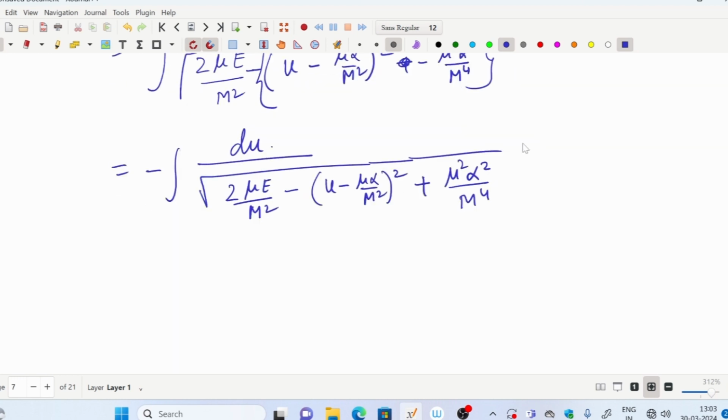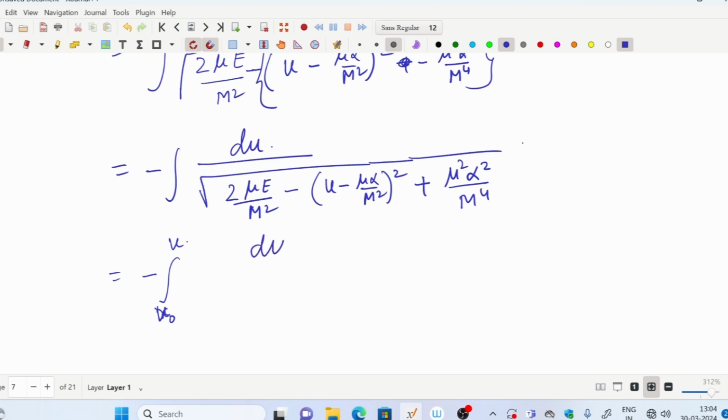So, then we can write this integration from some initial value of r to some final value. Let us write r0, or you can write u0 to u, because this is an integration, and u0 or r0 is related by 1 over r is u.